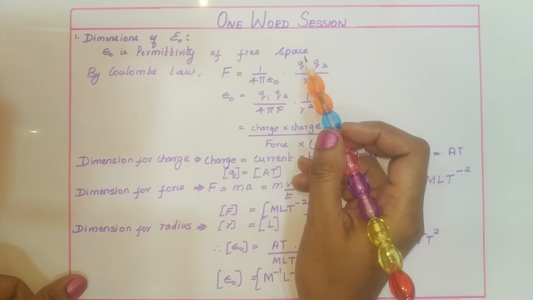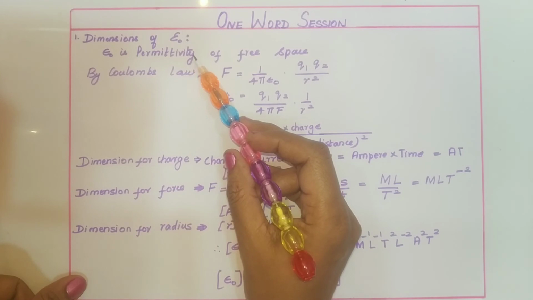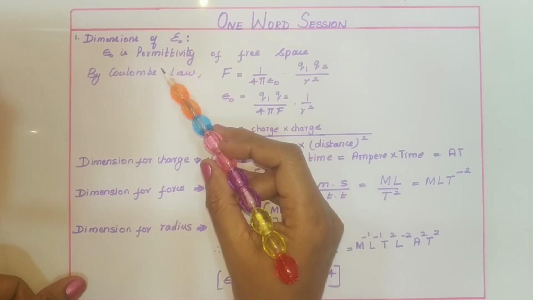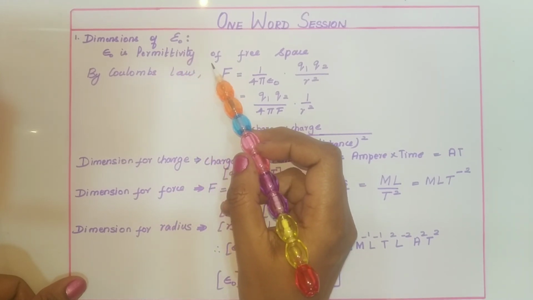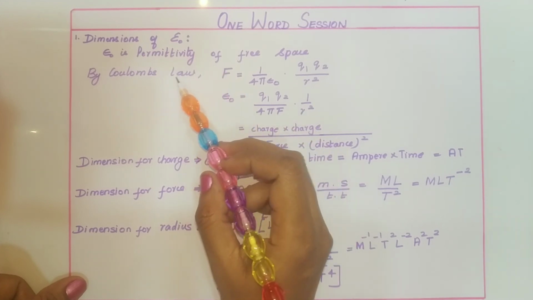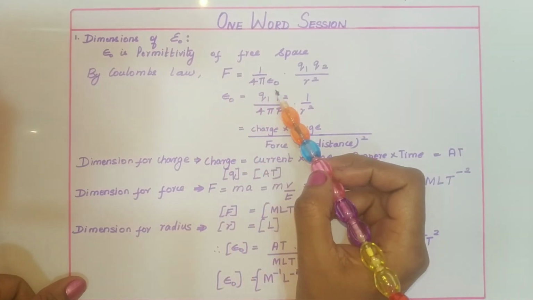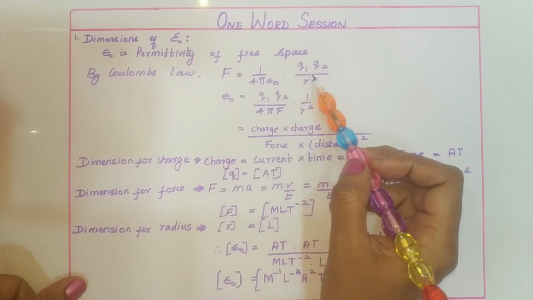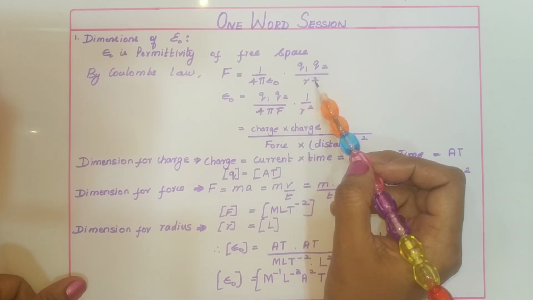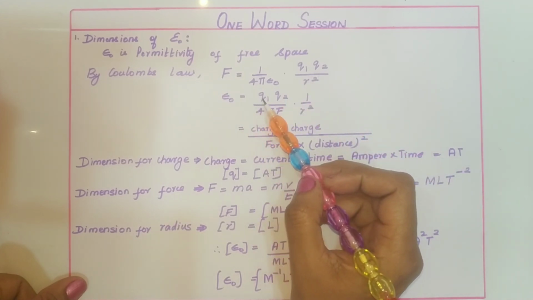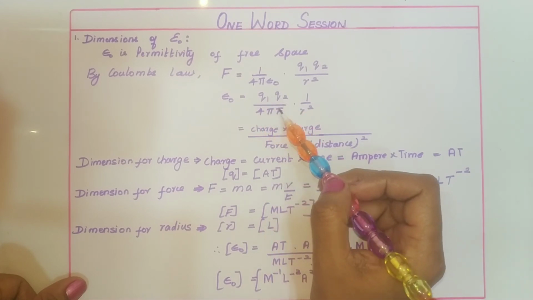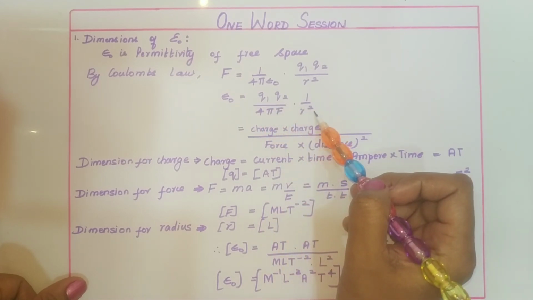In this one word session, we will find the dimension for epsilon naught. We know that epsilon naught is the permittivity of free space. By Coulomb's law, F is equal to 1 by 4 pi epsilon naught Q1 Q2 by R square. Here epsilon naught can be written as Q1 Q2 by 4 pi F into 1 by R square.